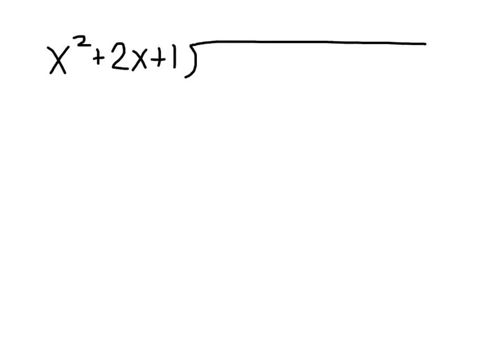Why do I have to long divide that one? The divisor's too big, right? So when I set that up, x squared plus 2x plus 1 goes on the outside. X cubed plus x squared plus 3x minus 4 goes on the inside.